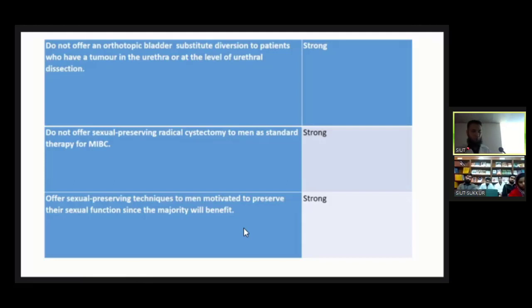If you are carried away by the wishes of the patient, then you are not justifying your presence, and you are not defining the disease properly to the patient. It's your responsibility that the whole spectrum should be in your perspective, and you should discuss all the pros and cons, because if you preserve sexual function and leave the disease behind, there is no point, because the person will not be able to live.